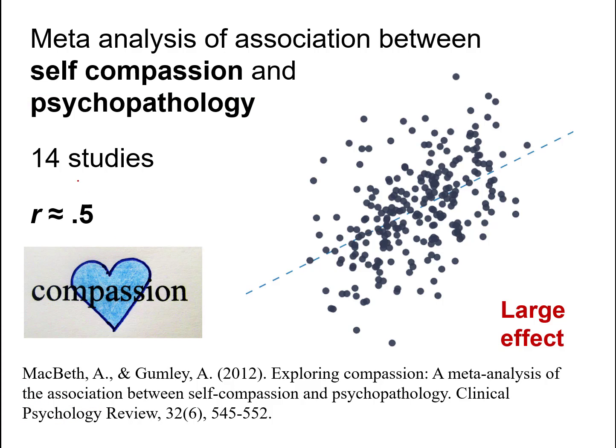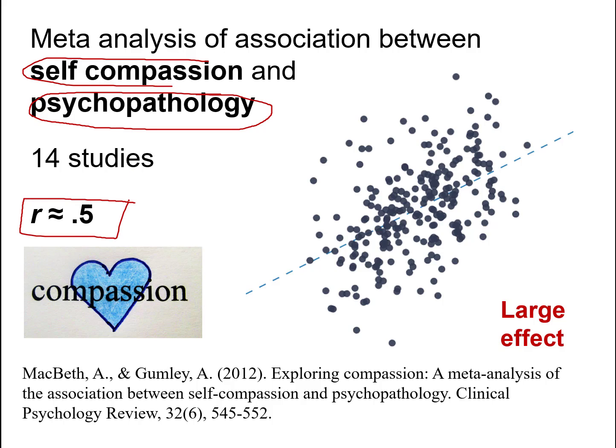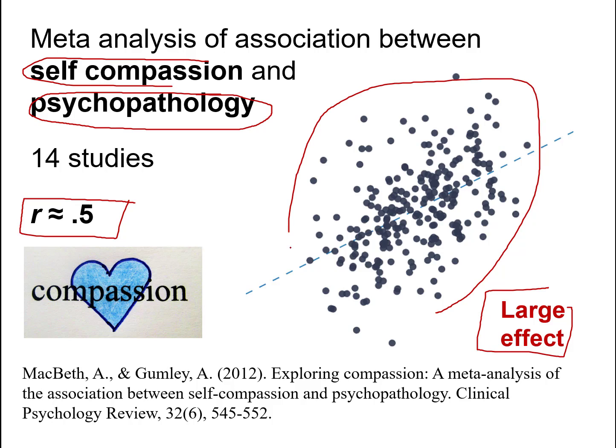If I reverse score it, then I'll flip the direction of my correlation. So because self-compassion and psychopathology is reverse scored, so it's actually measuring anti-psychopathology, it still is a positive correlation here. So our correlation is 0.5. It's a very large effect. So I have over here, say large effect, and here's that same scatter plot of what a correlation of 0.5 is.